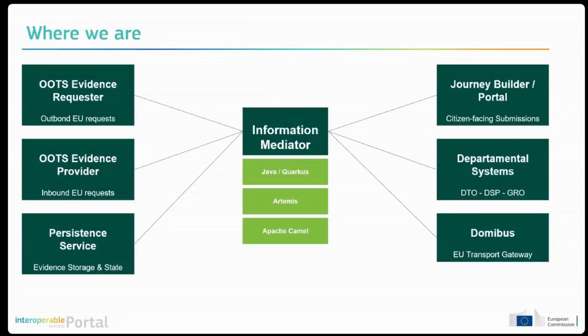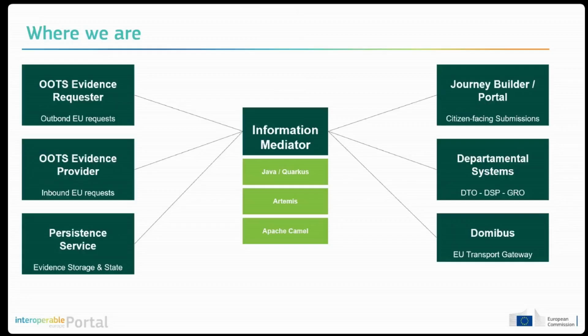So where we are at the moment, Information Mediator is a Java Quarkus application. We use Artemis as a message queue, and as mentioned before, Apache Camel is a core capability used in multiple integrations.